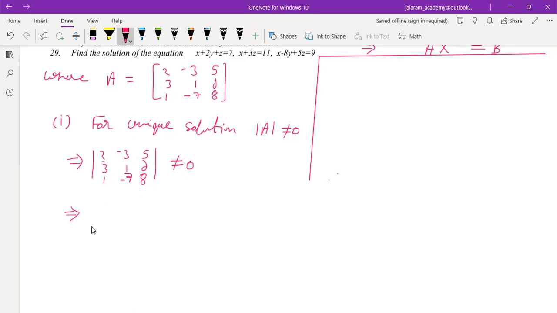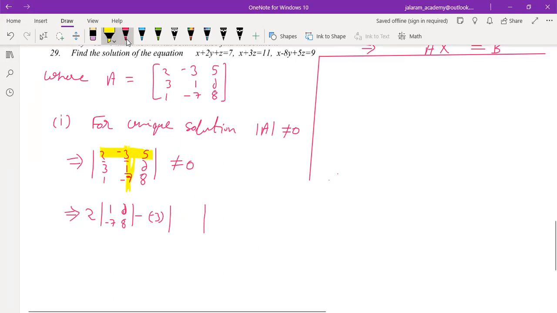If we expand it along the first row, 2 into determinant obtained by deleting first row, first column, which is 1, delta, minus 7, 8, minus, the second element is minus 3 into determinant obtained by deleting first row, second column, which is 3, delta, 1, 8.